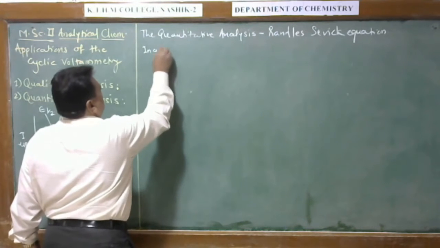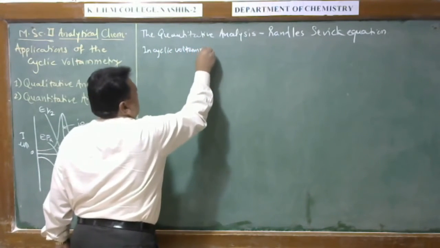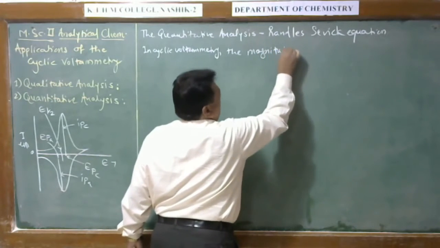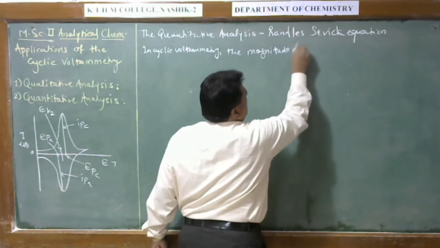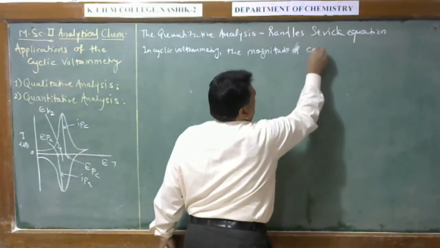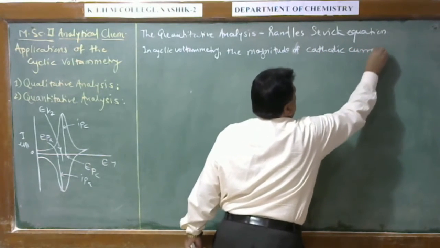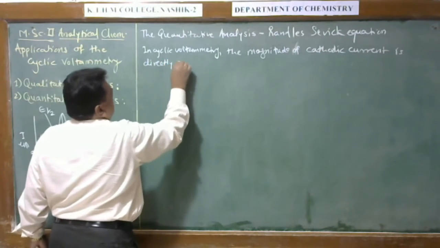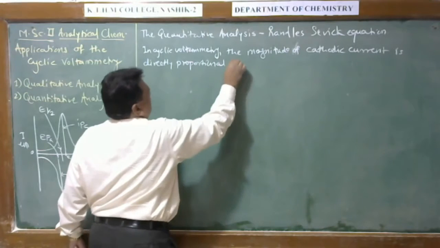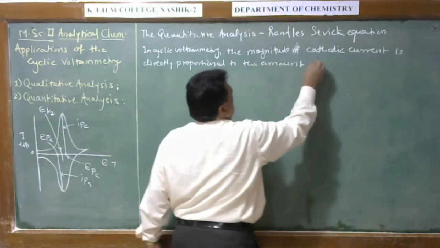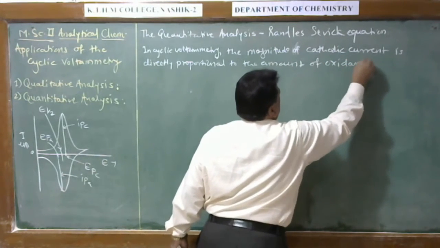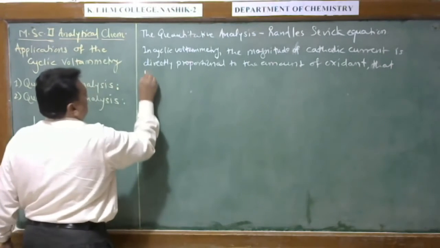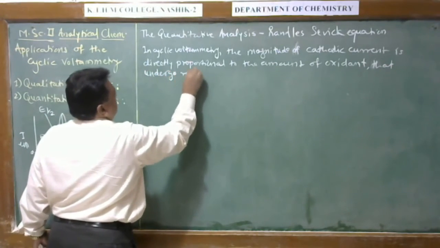Therefore, in cyclic voltammetry, the magnitude of the cathodic current is directly proportional to the amount of oxidant that undergoes reduction at the working electrode.